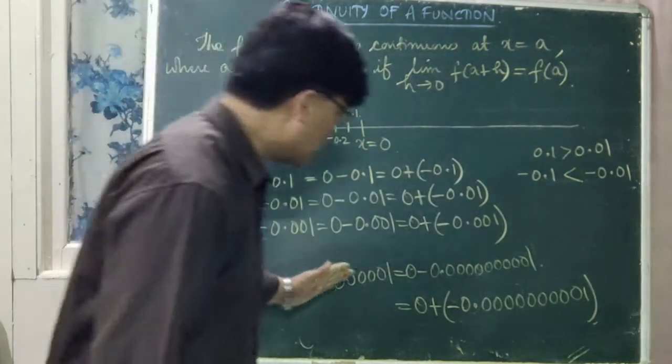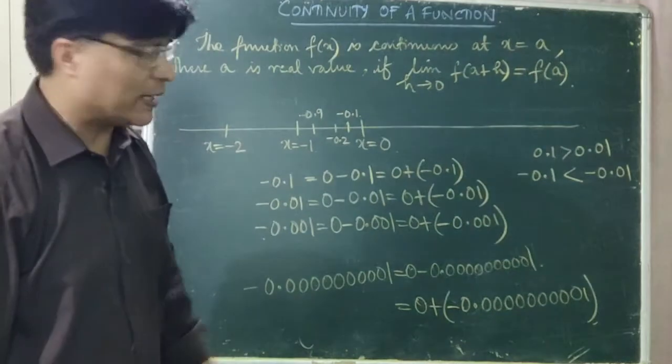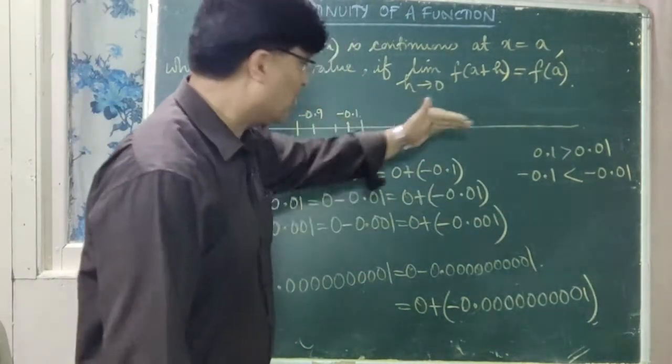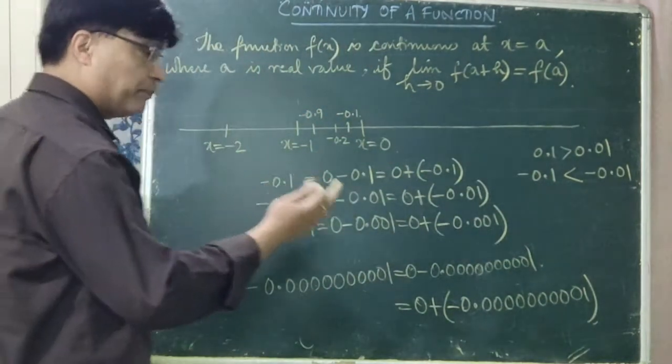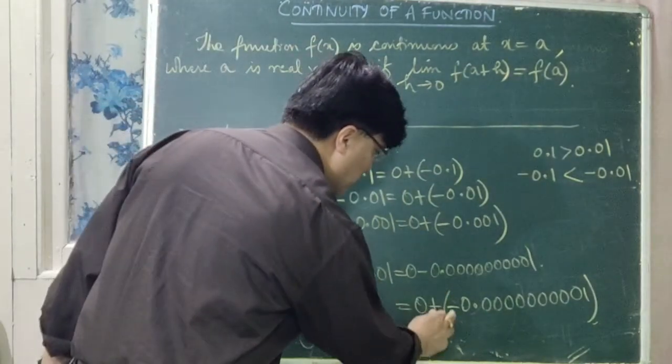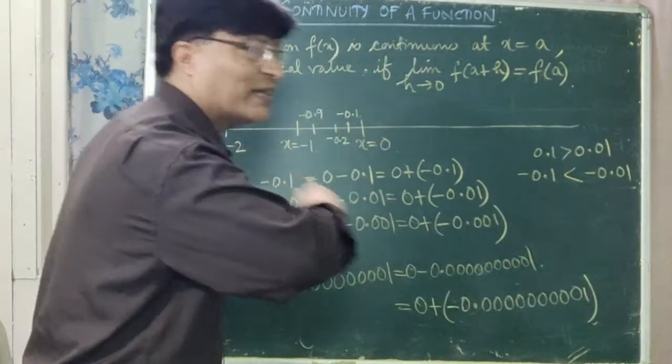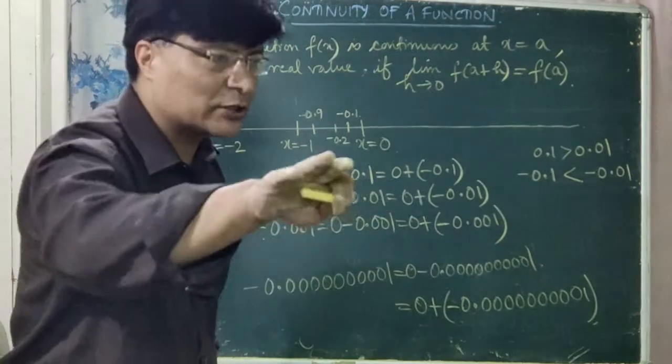Now we are approaching towards 0. Actually we are approaching towards 0 from which side? From the left hand side. So you may have 0 plus within bracket minus 0.1000 zeros and 1. Again we are approaching towards 0.